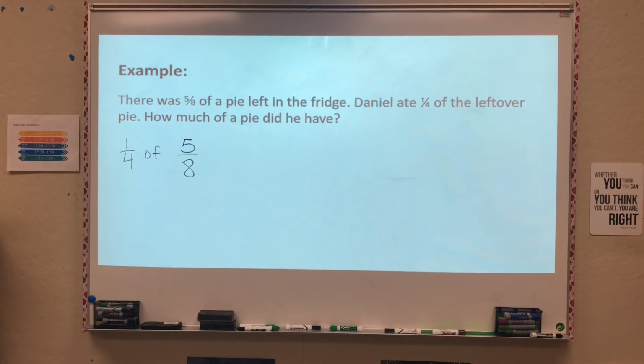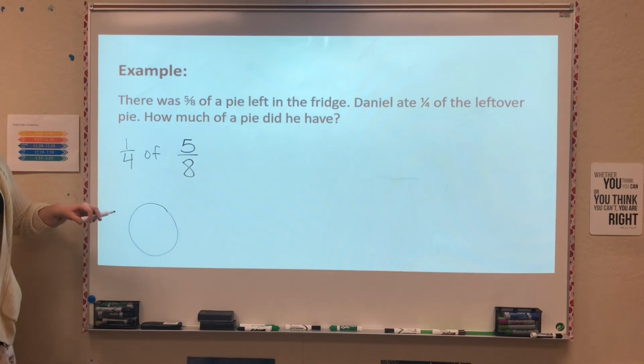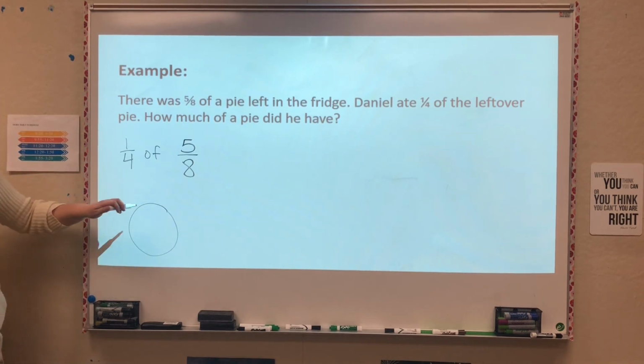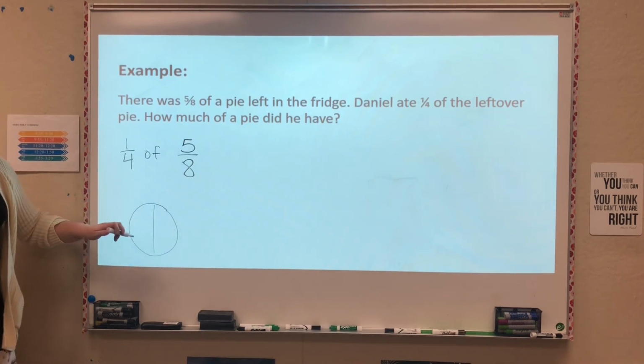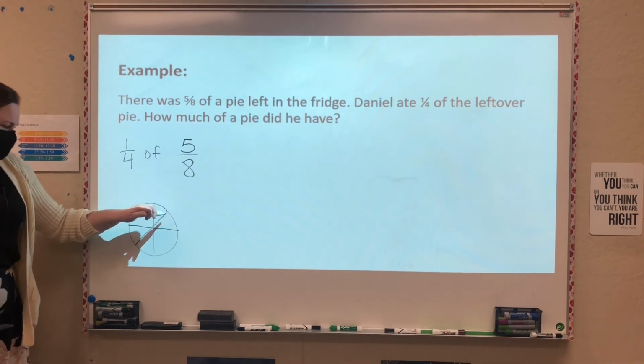So you can draw a big circle and split it into 4, right? Do you want to go with a picture? Okay, so I'm going to draw what he's starting off with. Why do I keep drawing circles? It's a pie, right? Okay, this one isn't too bad to draw.